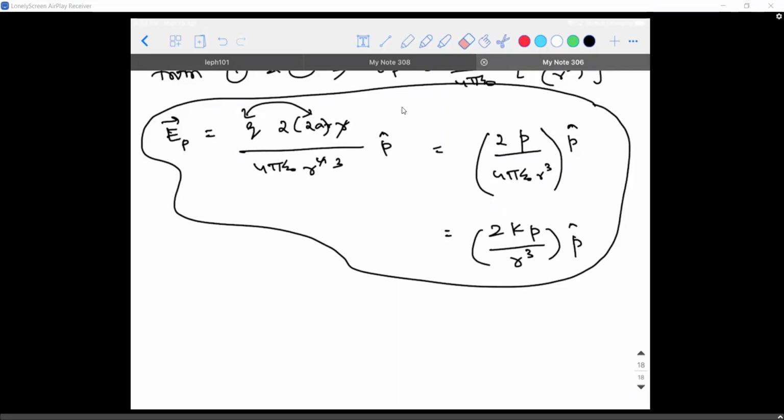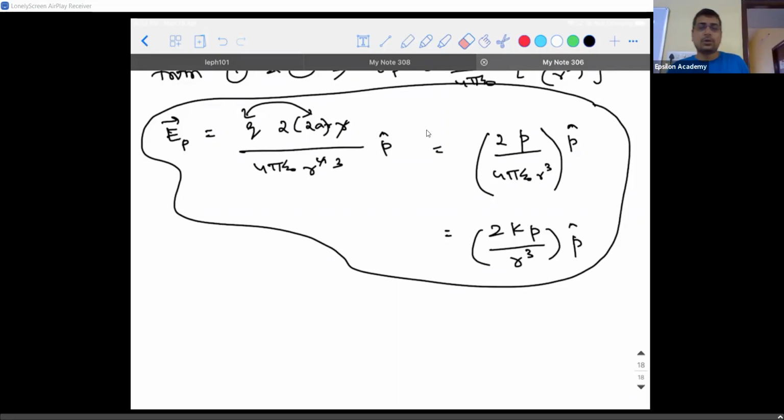Write it down. Write the important note. Electric field due to a dipole at axial point is always in the direction of the dipole moment.